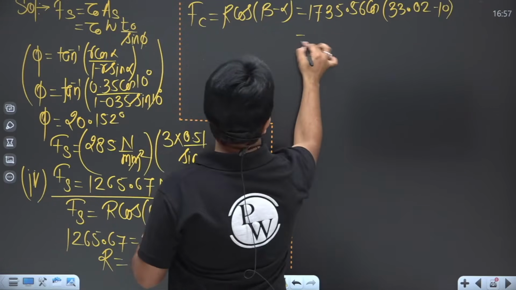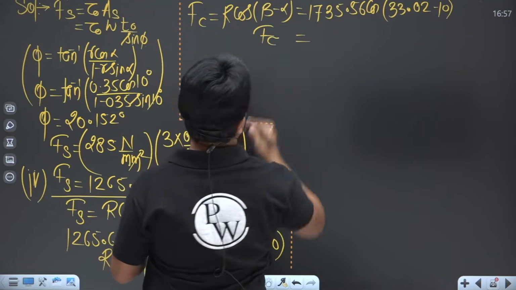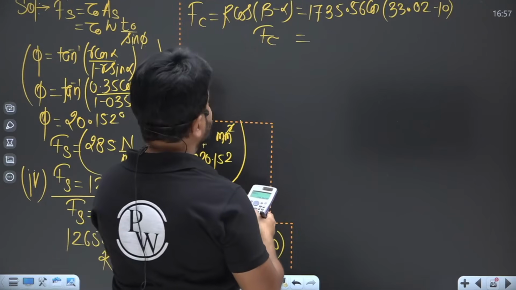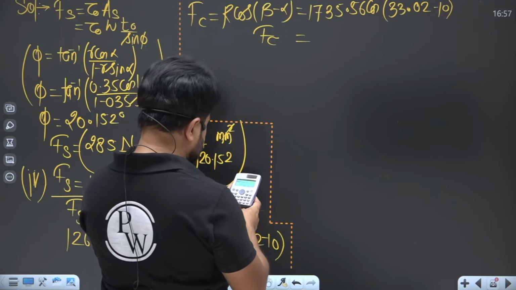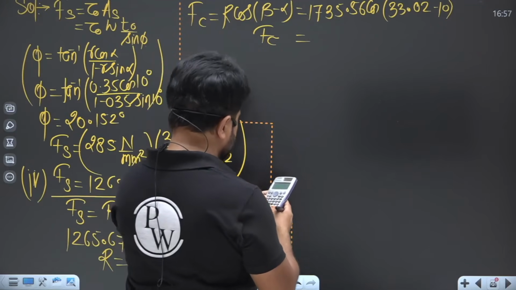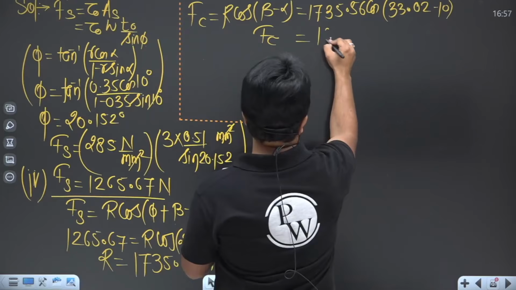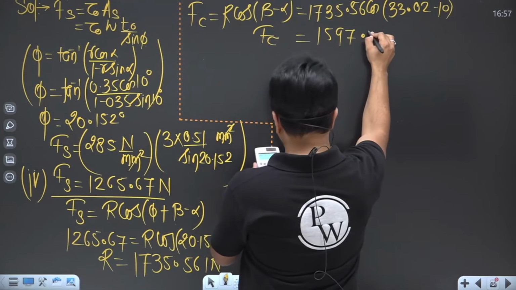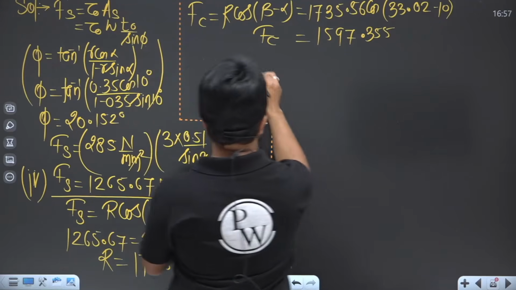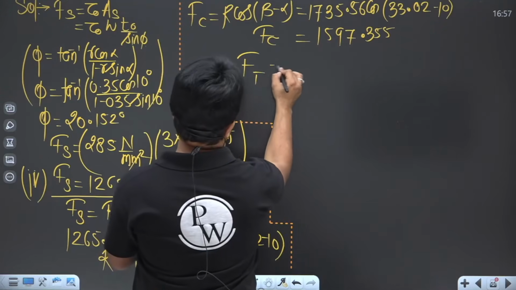So you will get the value of Fc. Answer into cos of 33.02 minus 10, so 1597.355. This is Fc.